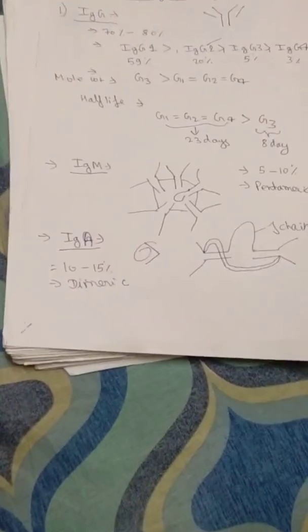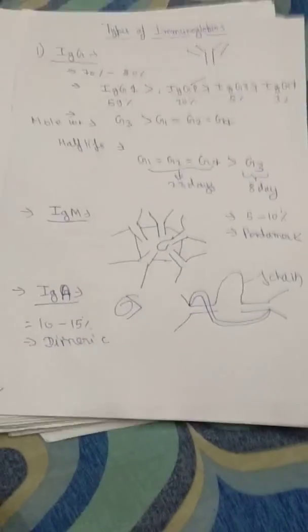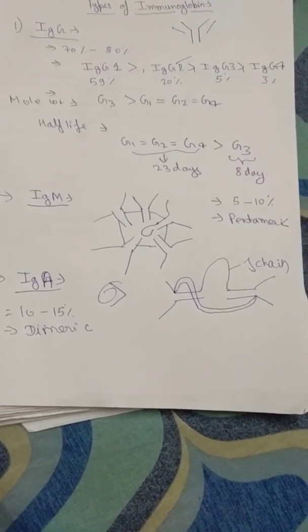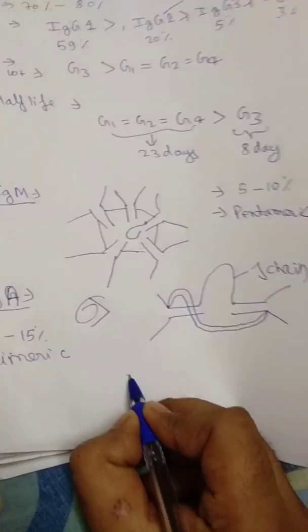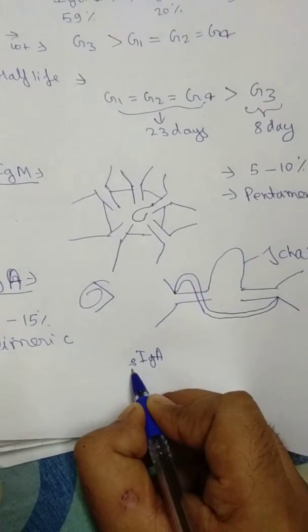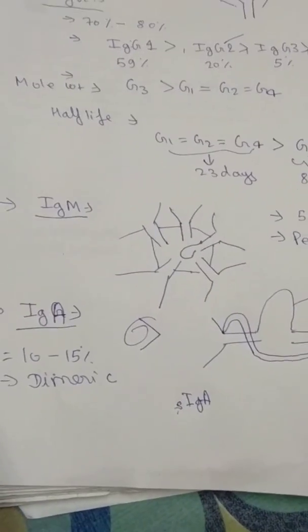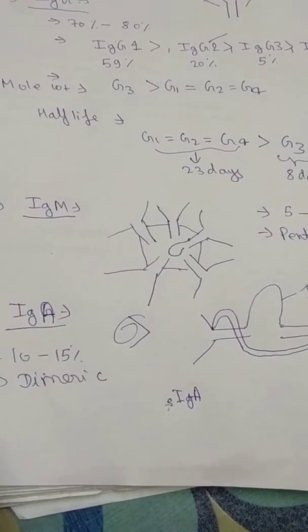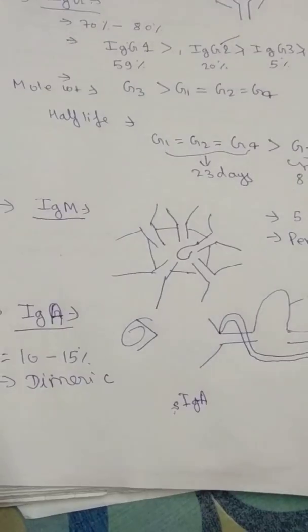A very important characteristic of IgA is that it is present in external secretions like mucus, saliva, tears, and human milk, and also in blood. IgA present in external secretions is denoted by sIgA, where IgA is the antibody and S denotes the secretory component. The J chain is responsible for polymerization, and the secretory component protects the site from proteolytic digestion.